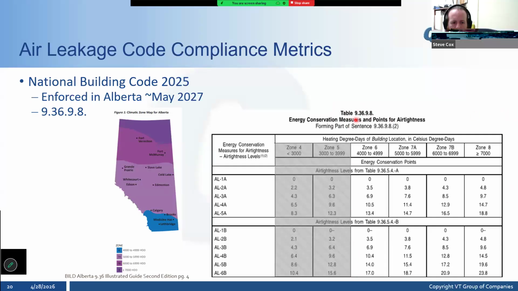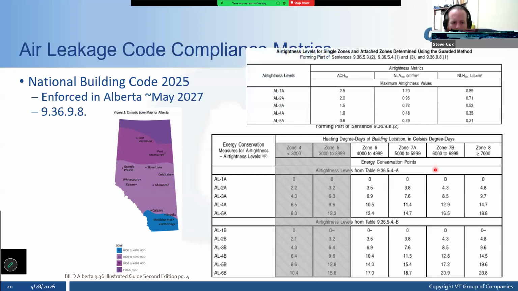So when we're looking at the performance of air leakage in particular, when we're talking about housing, what kind of points does air leakage account for? This is something Frank wanted me to mention on how to achieve tier code by doing better air tightness. Okay, so I brought that table forward as well. So we're going to use that same single zones and attached using the guarded method table that we discussed earlier.